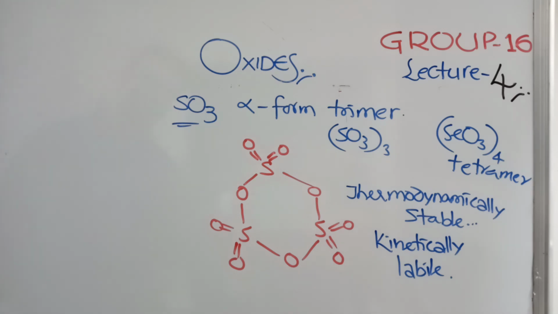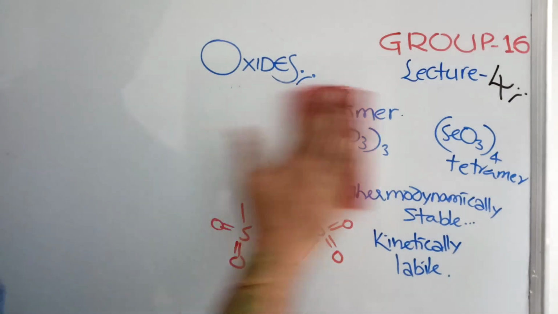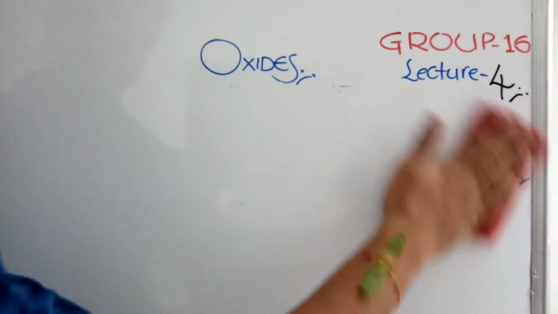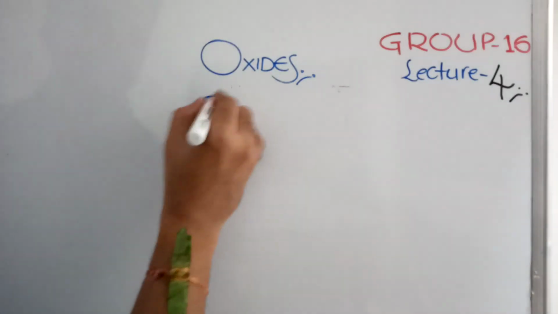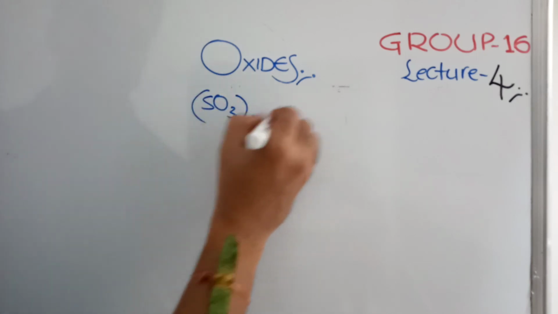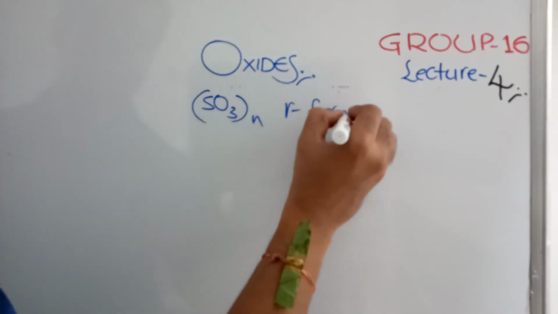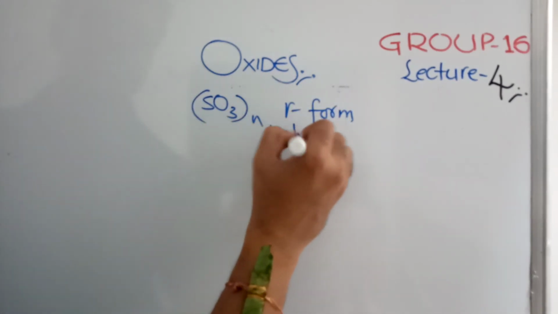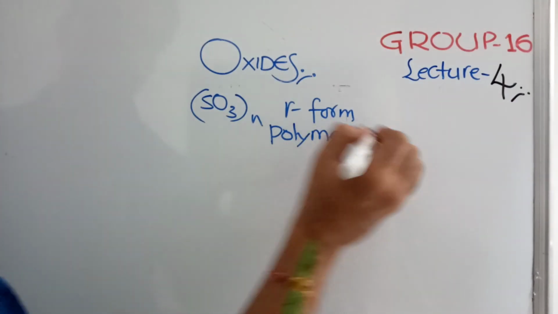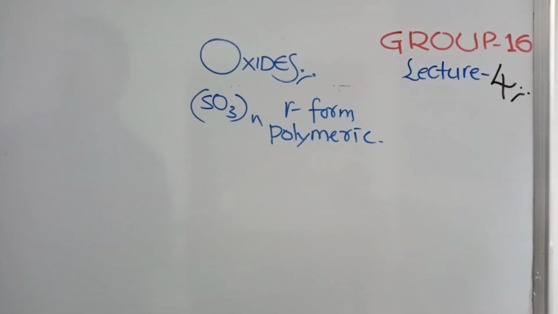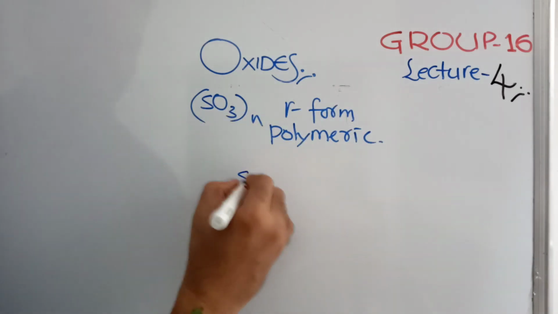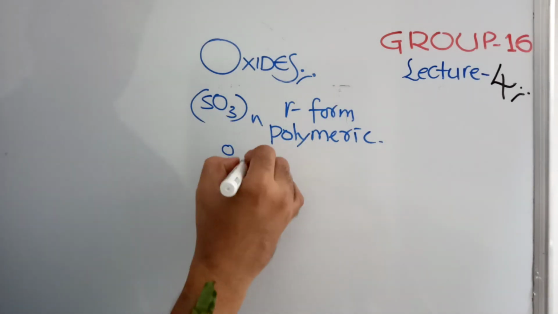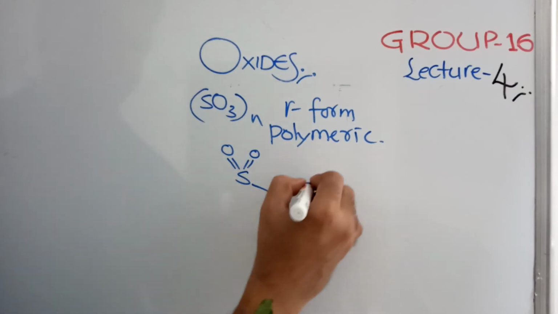Gamma form, as I told you, is going to be an open chain structure. How it is going to be, I will just show you. SO3 taken n, this you can say gamma form. Gamma form is polymeric form. Okay, n I mentioned, not 3. Polymeric means more number of units you can join. Same thing. S double bond O, oxygen.